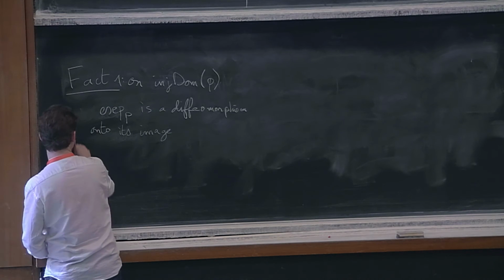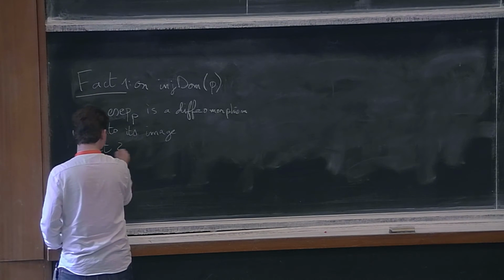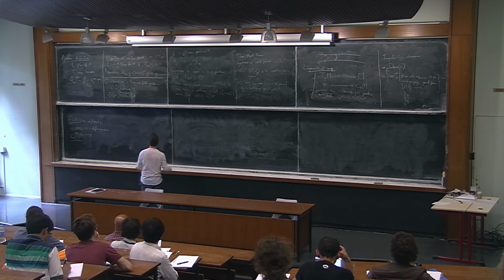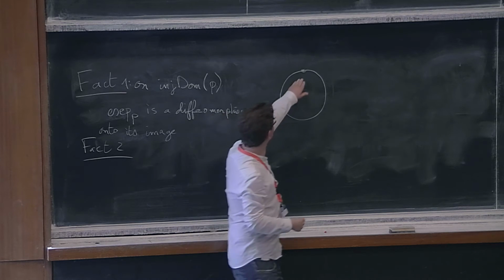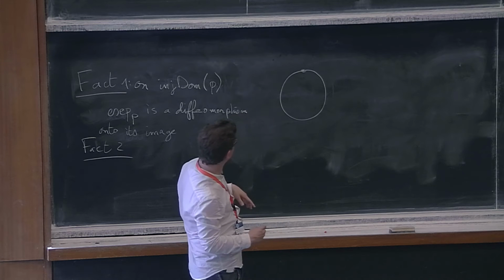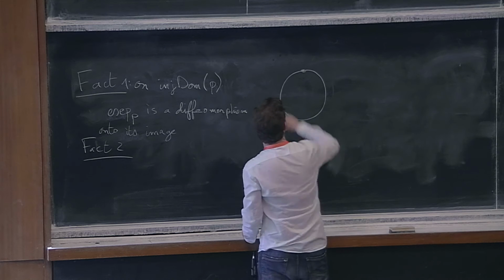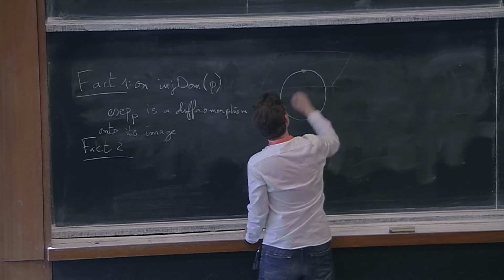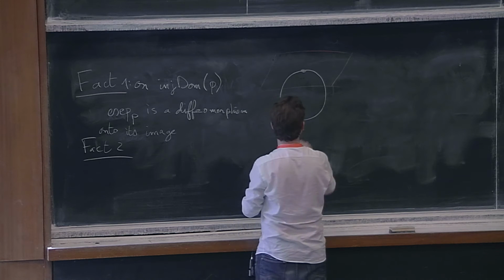And fact 2. So if you look at the, okay, maybe let's try to do another simple example. So look at the sphere. So let's think of the tangent space here. Maybe I'll draw it in another color. So geodesics on the sphere are great circles.